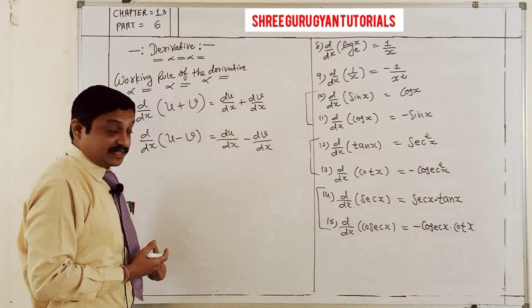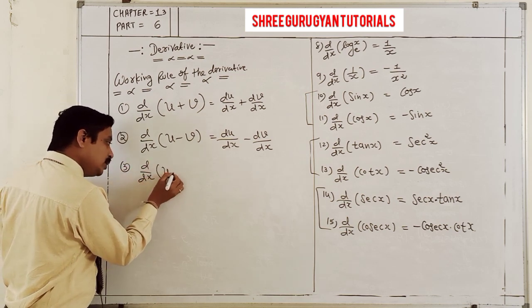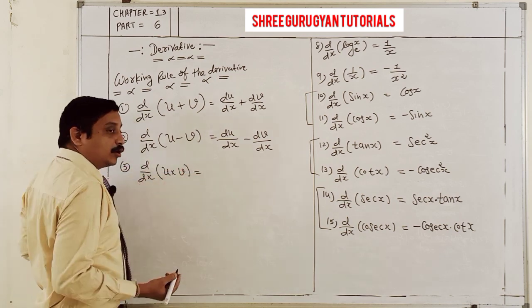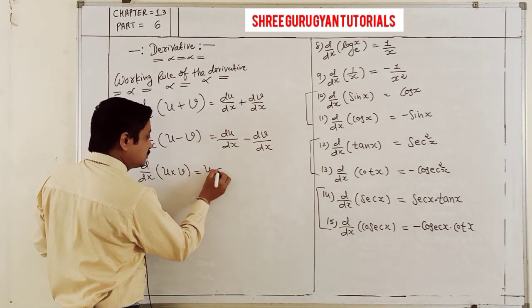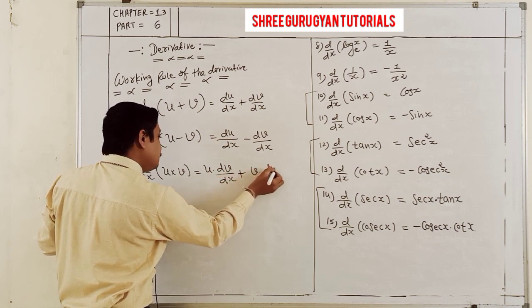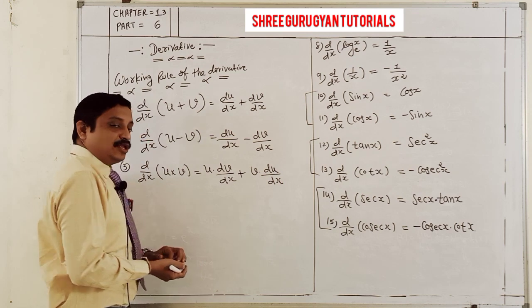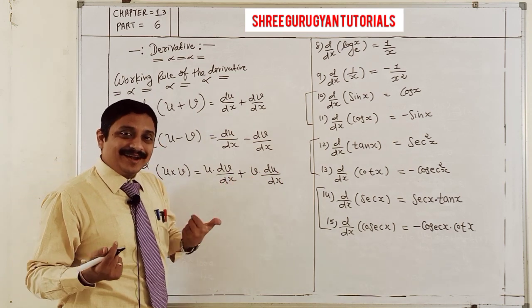Now third is the product rule, u into v. The product rule is very easy and simple. Apply the product: first times derivative of second plus second times derivative of first. I mean u dv by dx plus v du by dx.